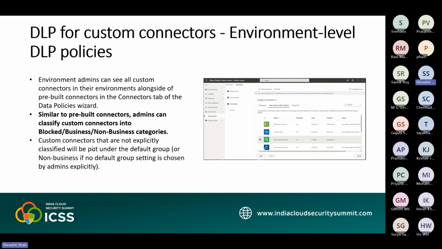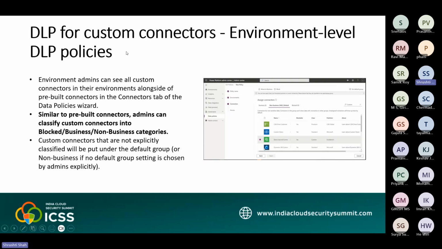You just have to pass the values to the properties. You don't have to add the endpoint or the body. You just have to pass the body parameters and configure the authentication format, which is username and password, or key-based, or OAuth. That is where custom connectors come into the picture, because these are the custom ones which you created. So definitely you should also try to add these to some of the data groups.